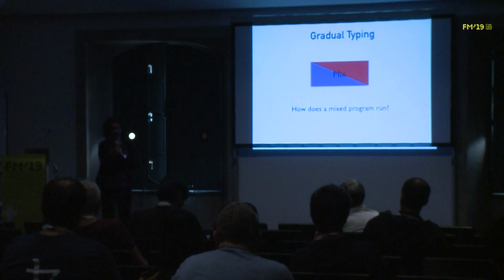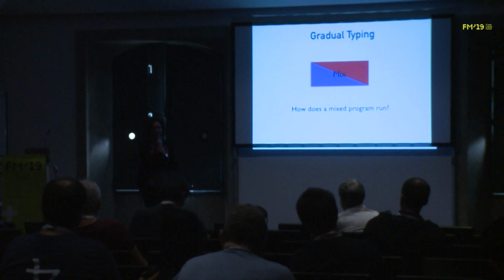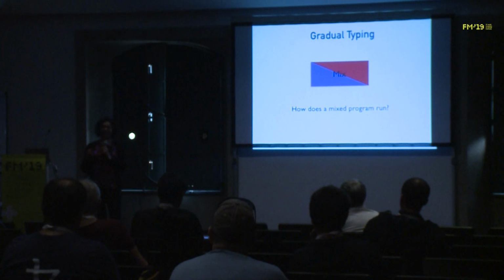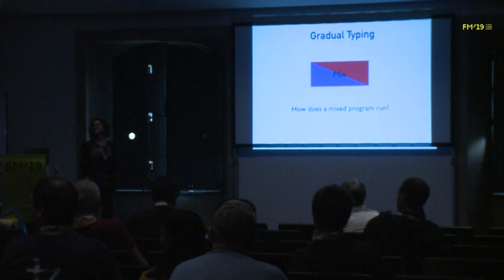Right? So, for instance, you want to be able to perhaps use type-based optimizations. So the question is, while you have a mixed program, can you actually rely on type guarantees for the statically typed portions of your code? Or do you have to wait until you get all the way to a typed code base? Right? That would be bad if that's what the answer was.